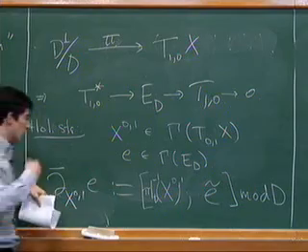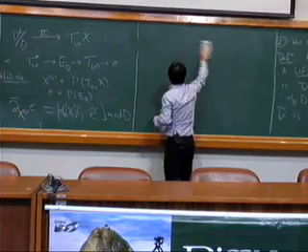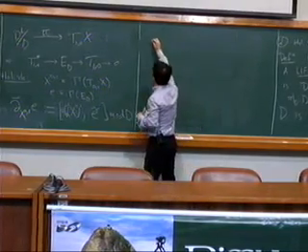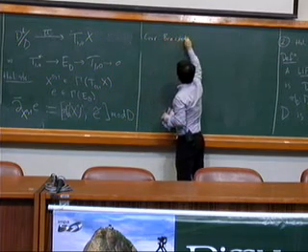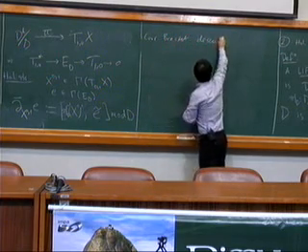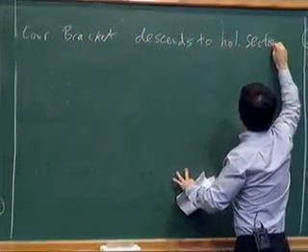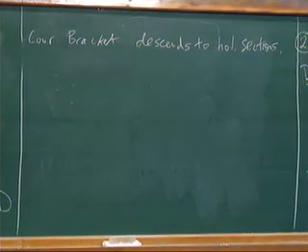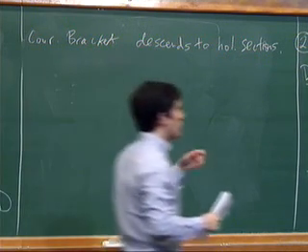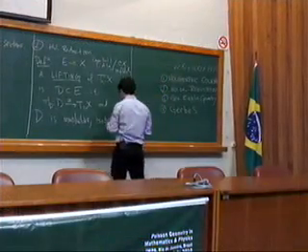It's a way of using a bracket to deduce a partial flat connection. And then the Courant bracket just descends to the holomorphic sections. So just by finding a lifting of T01, it allows you to reduce and produce a holomorphic Courant algebroid.